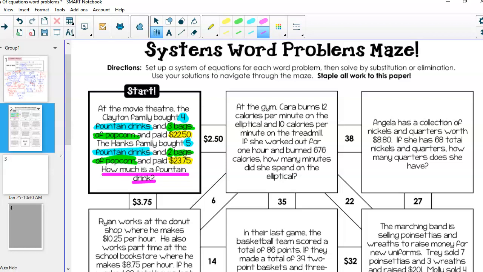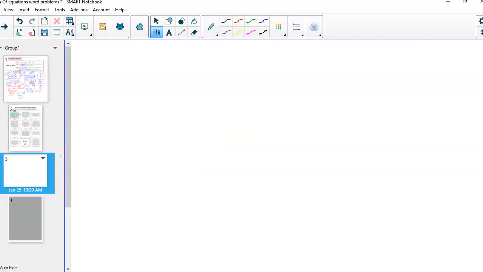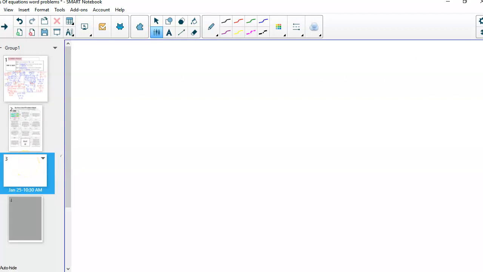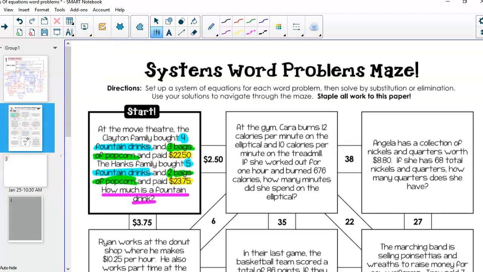So let's set this up. One, we need two different variables. What two variables do you want to use? B for bags of popcorn, okay. Now would this represent the number of, the cost of?